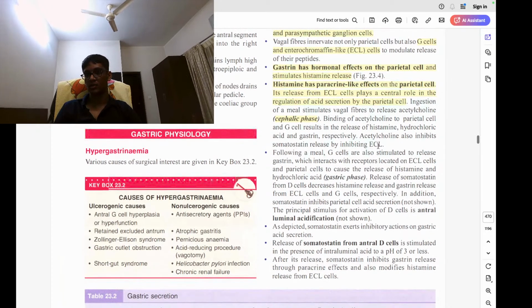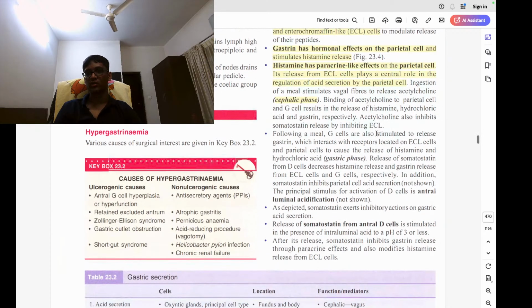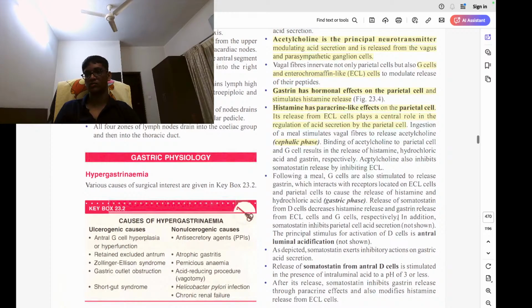Histamine is secreted by ECL cells. G cells secrete gastrin, yes, that much is correct. Histamine and hydrochloric acid come from parietal cells. Acetylcholine also inhibits somatostatin release by inhibiting ECL cells.